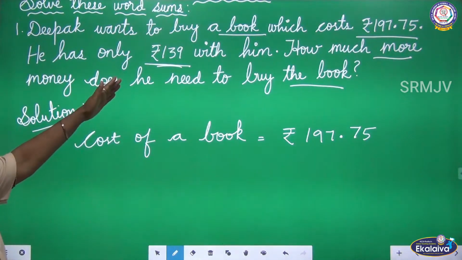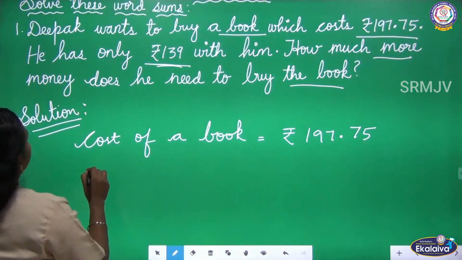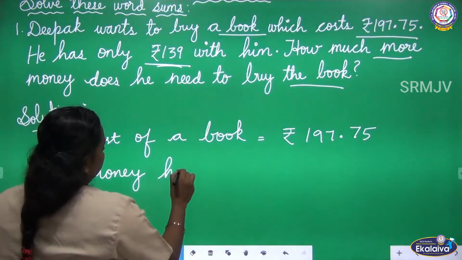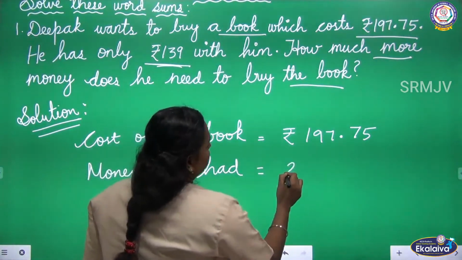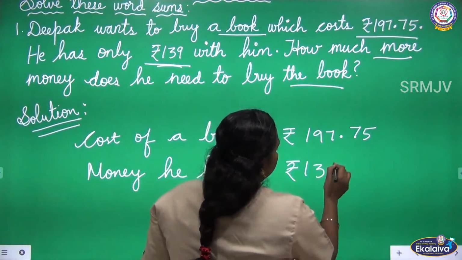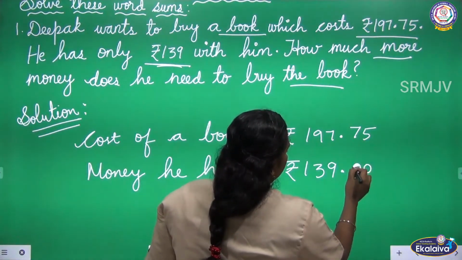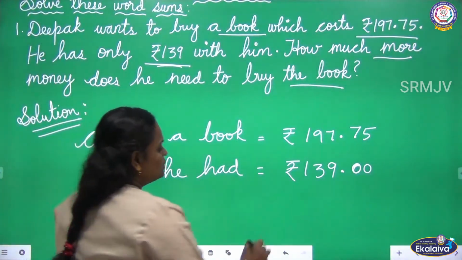He had only 139 rupees. So you can write money he had. So how much money he had? Only 139 rupees. So in paise you can write 00 because only 139 rupees they have given. So you can write in the paise 0.